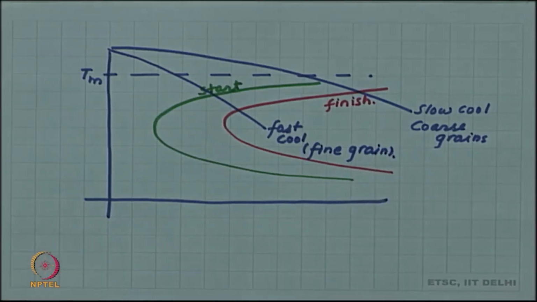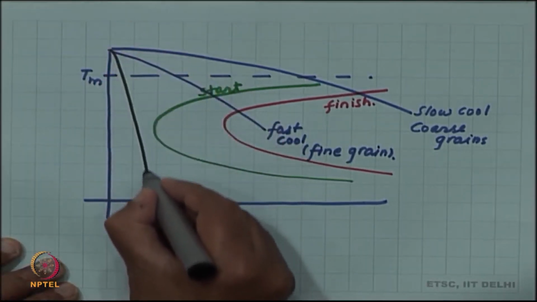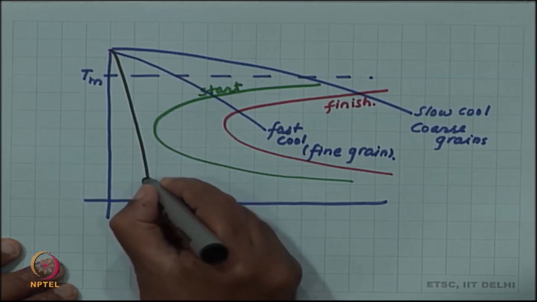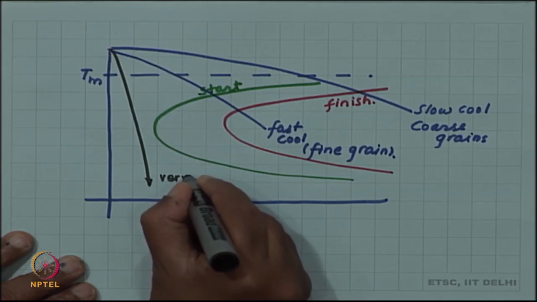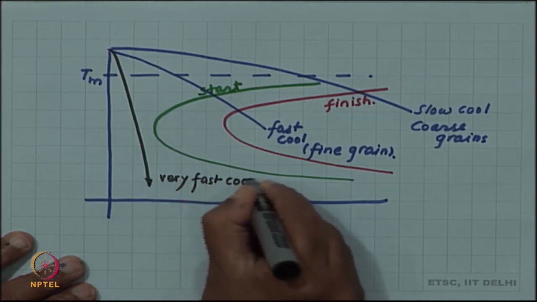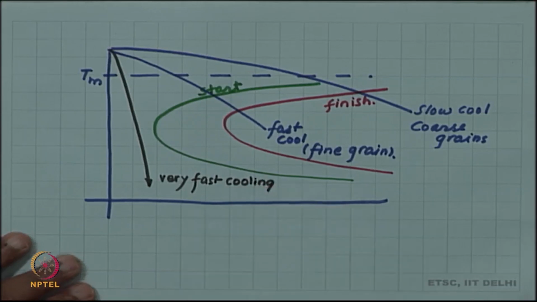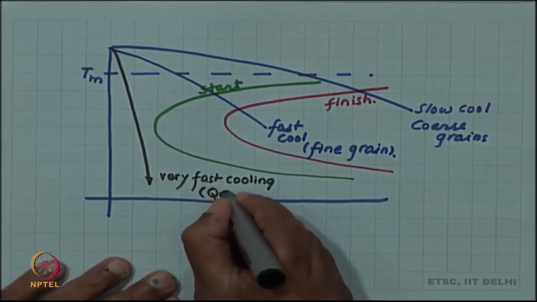But what will happen to a liquid which is cooled this fast? Very fast cooling, let us call this. So, here the cooling is so fast, sometimes this is what is called quenching.